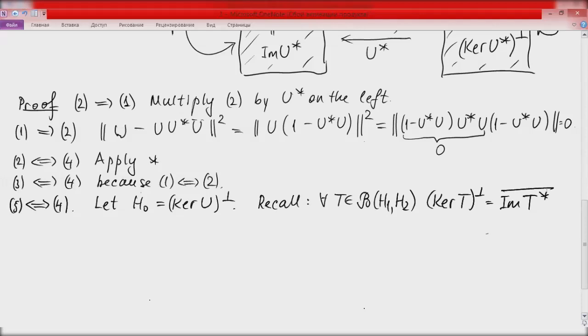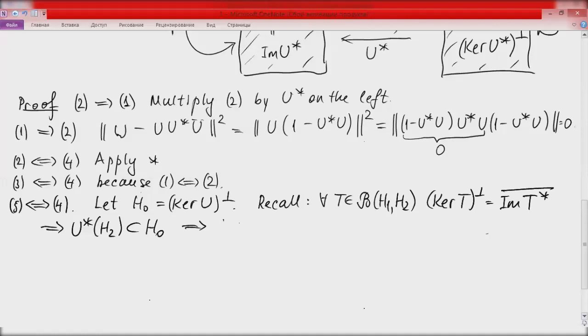So when we apply this to our operator U, we see that U star, the adjoint operator, takes H2 to H0. So the image of U star is contained in the orthogonal complement of the kernel.